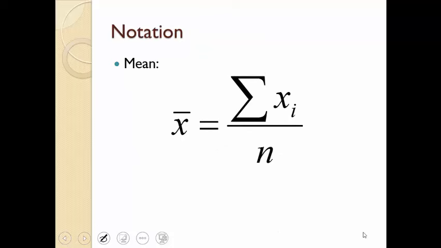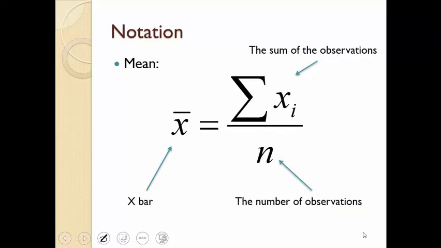So again, you've seen this before. Remember, we've called this x-bar, and then we sum the observations and divide by the total number of observations. This is not new. You've been doing this for a long time. A lot of you, when we started doing this in class, started finding the average this way before we ended up discovering one-var stats, which automatically did x-bar for us.